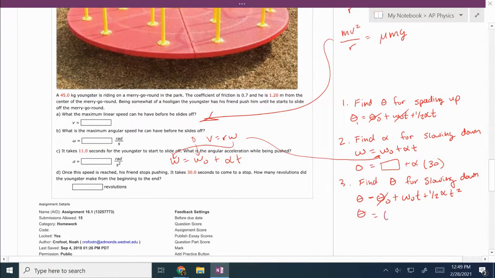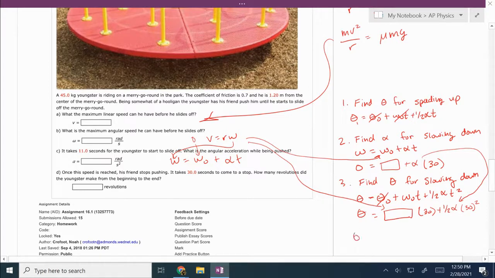Then you'd have your initial omega, which again is your answer to part B, plus your alpha from that part, and then you've got your t squared. In my case it was 30 squared. Your number is going to be slightly different.